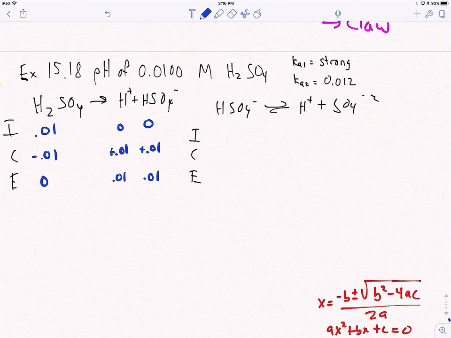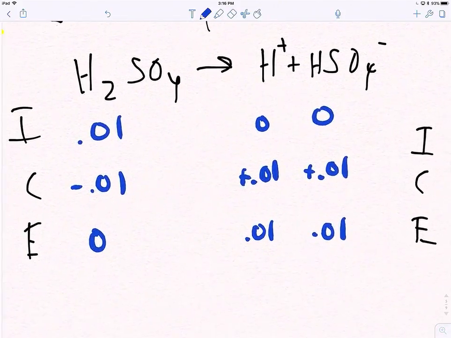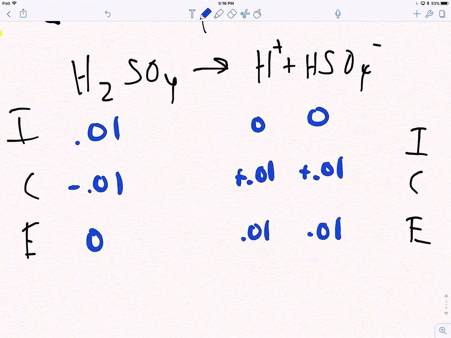This first reaction is just breaking apart completely. It's a strong acid. Strong acids are strong electrolytes. The reaction goes all the way to the right, and there's no sulfuric acid left. It's all broken apart to form hydrogen and bisulfate. Is that good? Anybody have any questions on this?